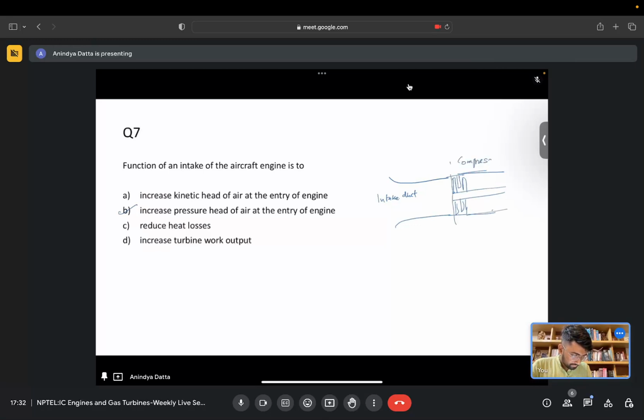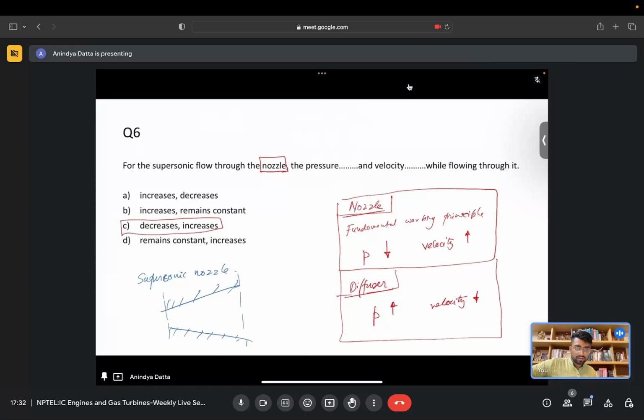So what happens is the intake duct acts as a diffuser, right? As I said on the previous slide, diffuser means the pressure increases and velocity decreases.